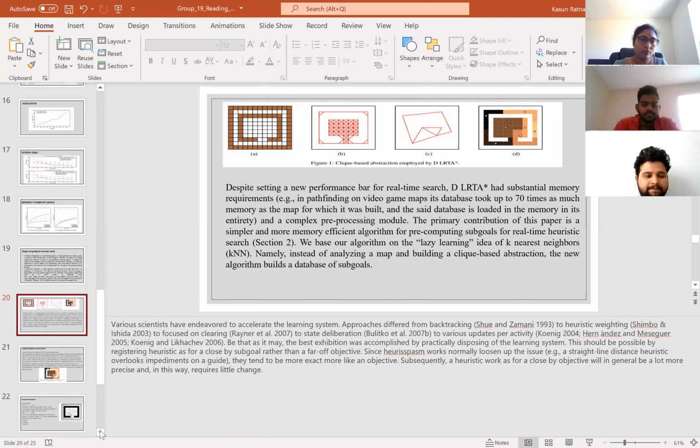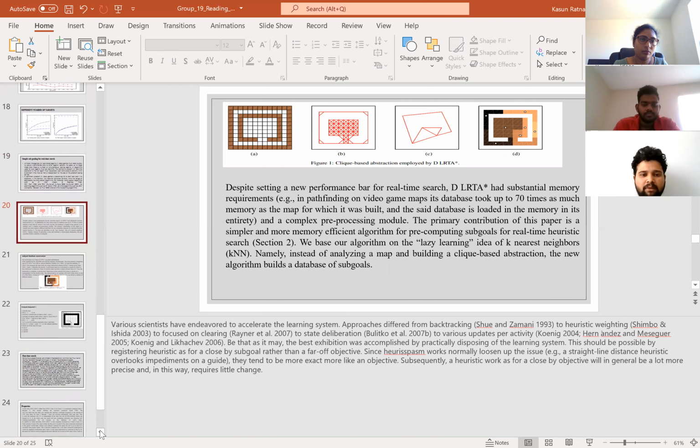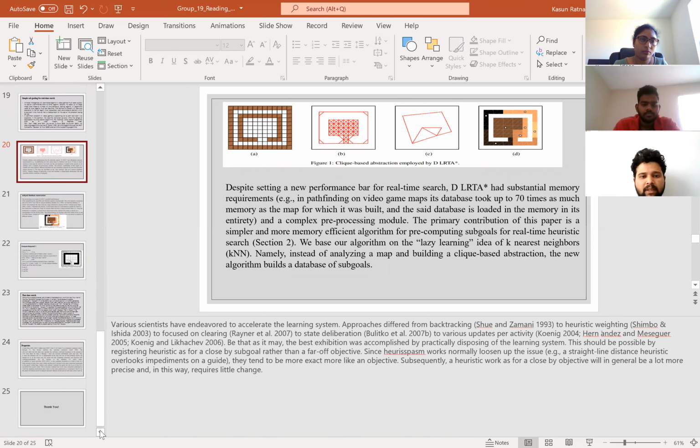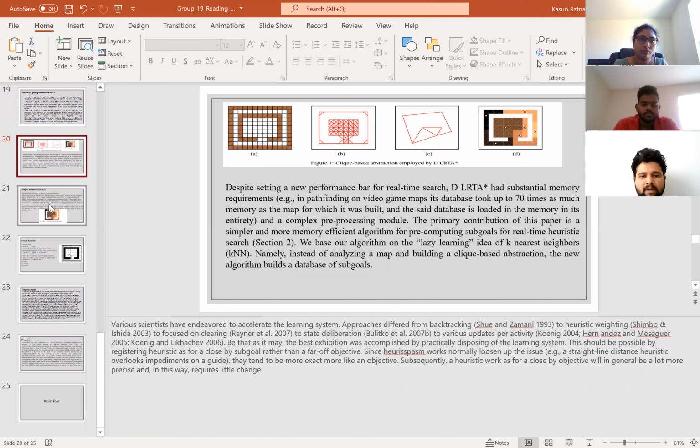As we have seen in figure one, clique-based abstraction is employed by D LRTA*, and various researchers have attempted to accelerate the learning process. Approaches varied from backtracking and heuristic weighting, to focused sweeping, to state abstraction, to various updates per action. Several researchers have worked on this, as shown per the years.